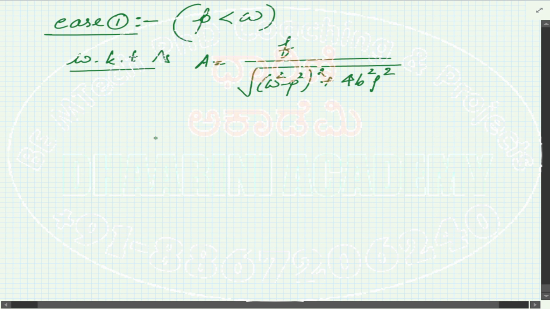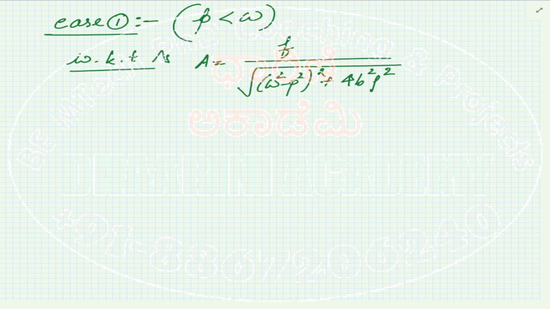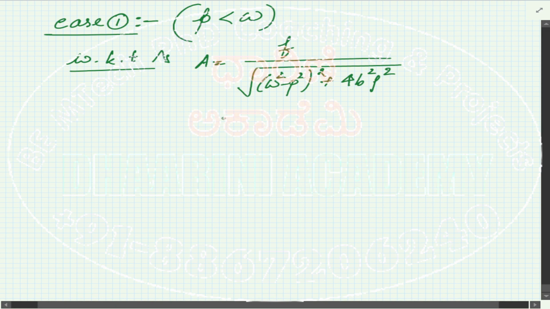So this implies, right, I know that the term P is much lesser than omega. So when P is lesser than omega, I can neglect the P here. So it's simply, I can write it as omega as the term. So this can be approximated simply to F divided by, now you see the term containing P can be neglected because P is very small.